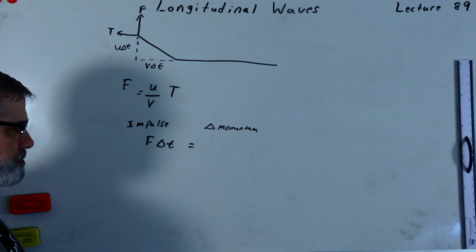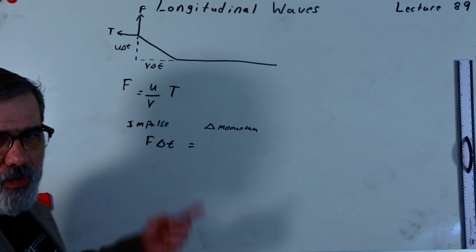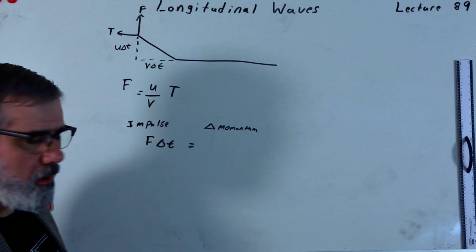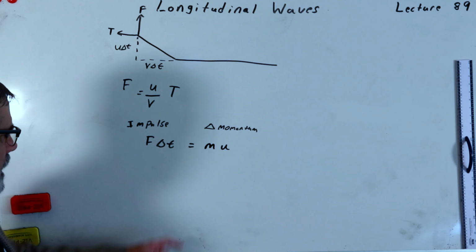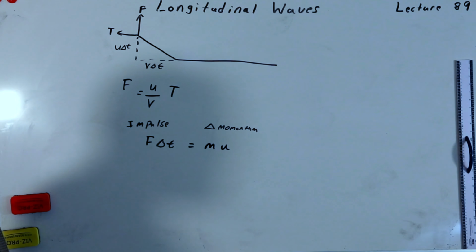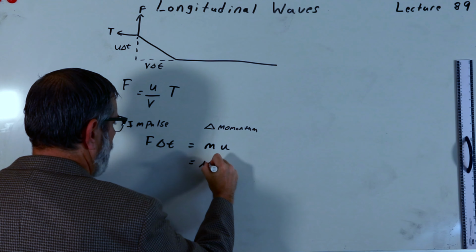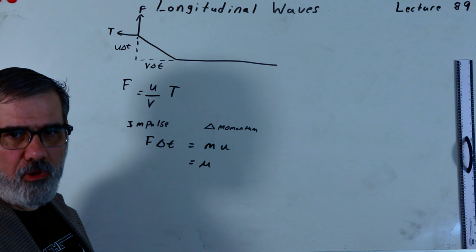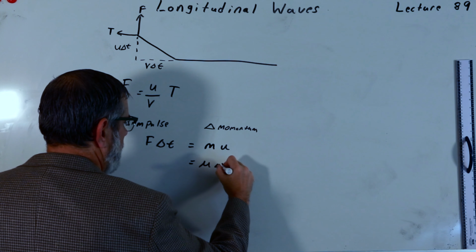Okay? All right. So what's the change in momentum? Well, before, this string was not moving upward with velocity u. Now it is, right? So it's m times u. But this is a string, and m is going to be measured in terms of its line density, right? So I can replace m with mu, the mass per unit length of line, times, we'll just call it delta x, okay?